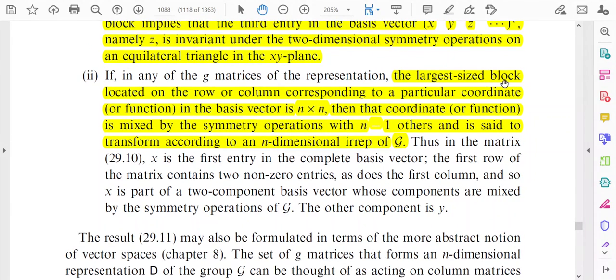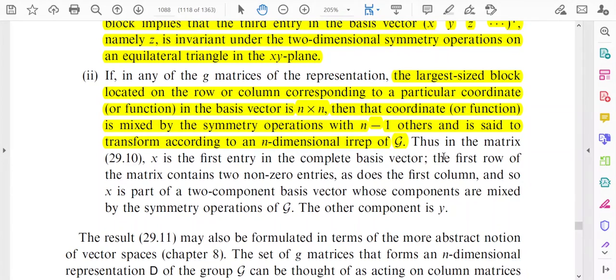Similarly, if the largest block located on the row or column corresponding to a particular coordinate in the basis vector is n by n, then the coordinate is mixed by the symmetry operations with n minus 1 others and is said to transform according to an n-dimensional irrep of G. This fact we have already discussed.